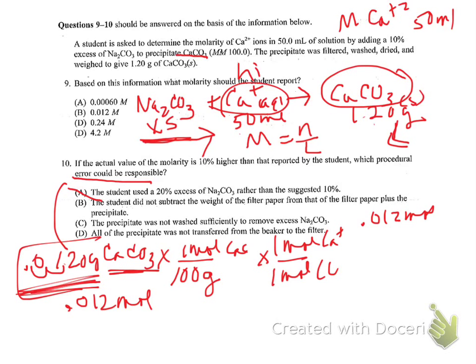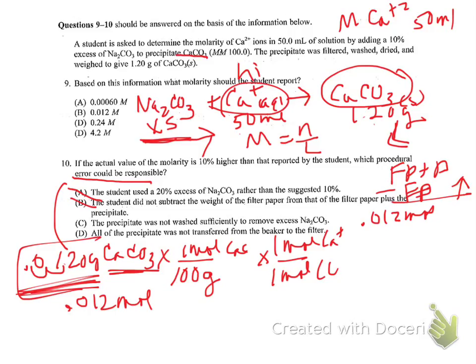Choice B says the student did not subtract the weight of the filter paper from that of the filter paper plus precipitate. If I don't subtract, this is going to make my answer bigger, so it can't be B.